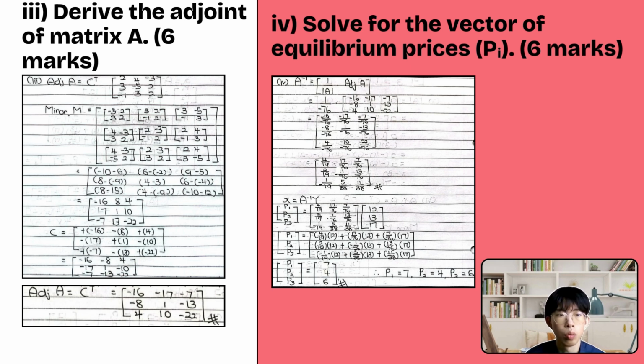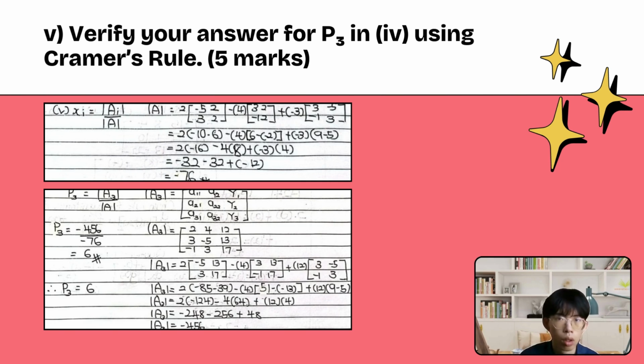The next step is to use another formula to get the value of X, which is the equilibrium prices, P, by using the formula X equals A inverse matrix times B. At the end, we should get the prices P1 equals 7, P2 equals 4, and P3 equals 6. For Roman 5, we are required to verify the answer for P3 in Roman 4 by using Cramer's rule.